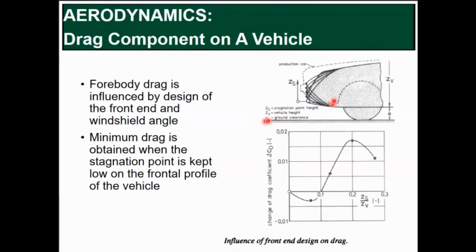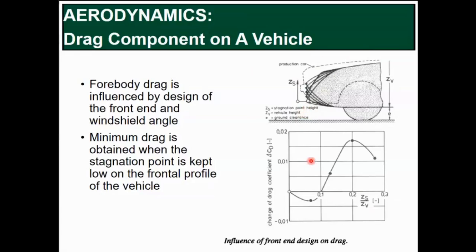Kita tengok kat front end dia. ZS is the stagnation point height, starting from here. Tengok dia punya shape punya variation. And then this graph is ZS over ZV. ZV is the vehicle height.